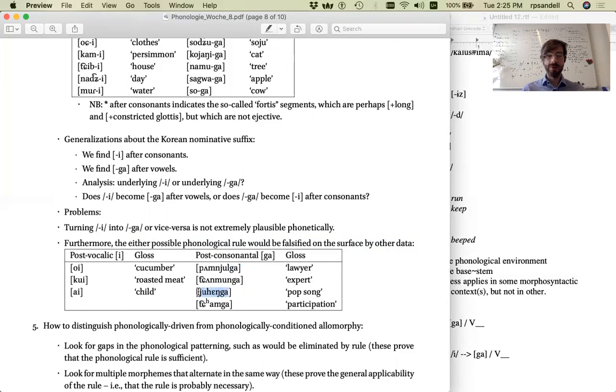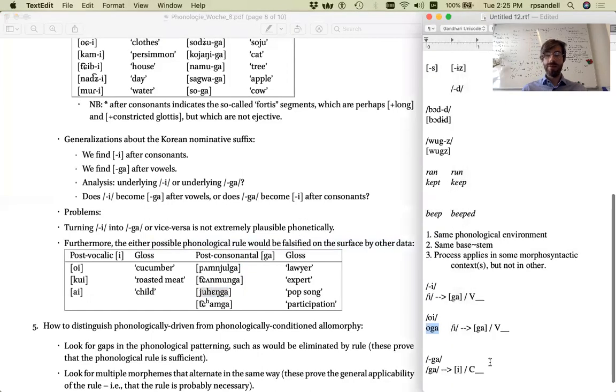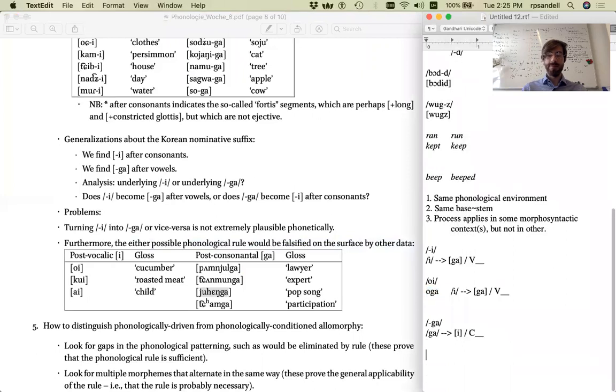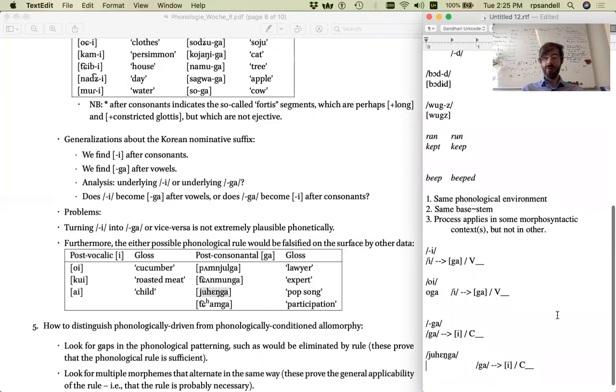So the word for tapsang, yuhenga, let's assume that the underlying form is yuhenga. In this case, this rule ought to apply and transform an underlying ga after a consonant into e.